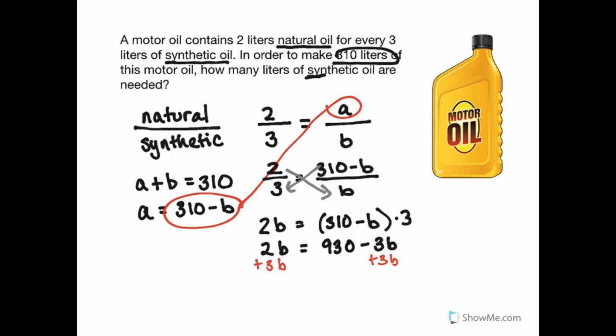I'll add 3B to each side, and that will give me 5B equals 930. And when I divide by 5, I find B equal to 186.